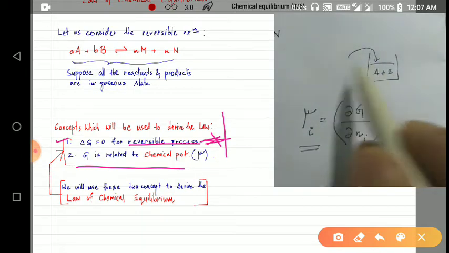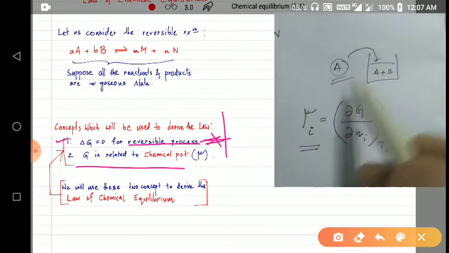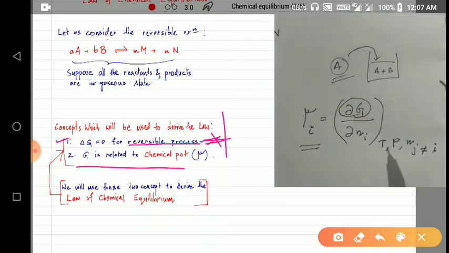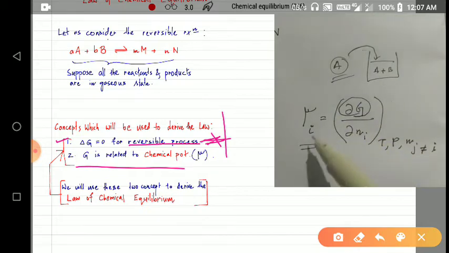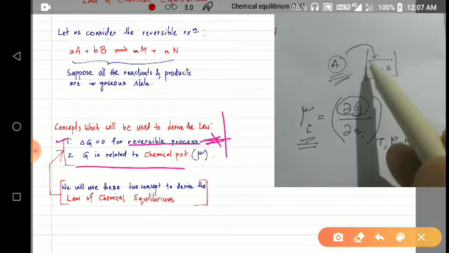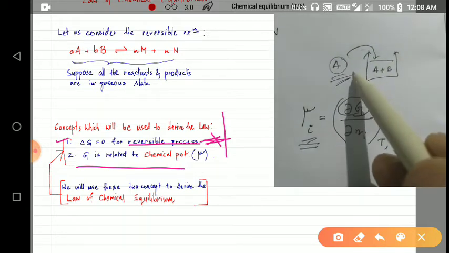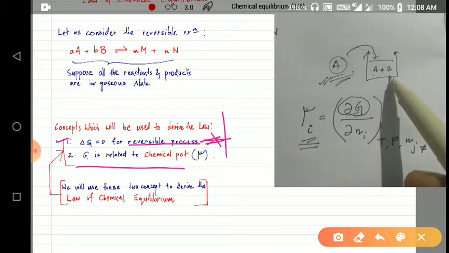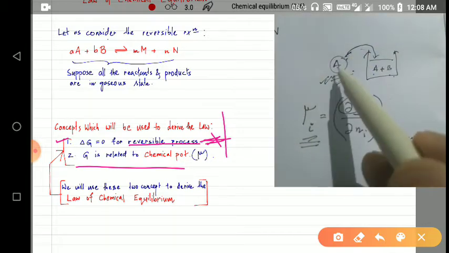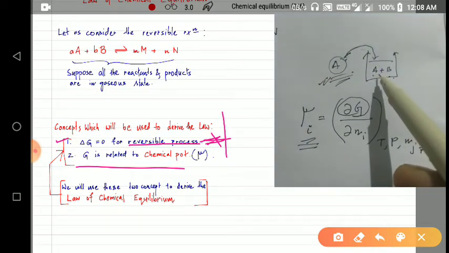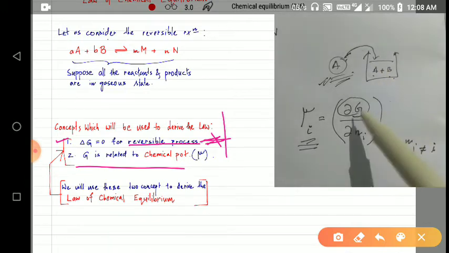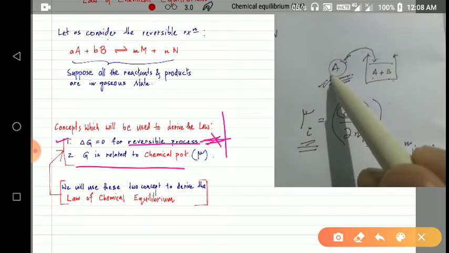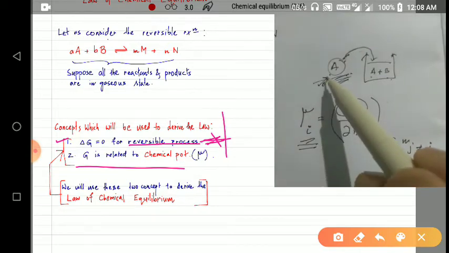If you add some more A in this mixture, then how much the Gibbs free energy will change, that is your chemical potential of A. So if you add A in a solution where A is present and B is also present, and on the addition of that A it changes the Gibbs free energy, then the amount of change of Gibbs free energy due to the addition of that number of moles of A is known as the chemical potential of component A.